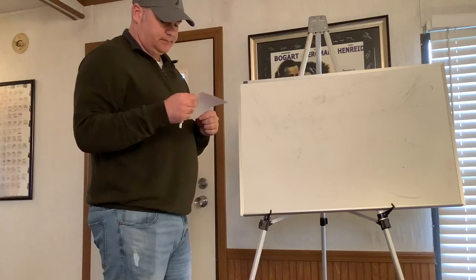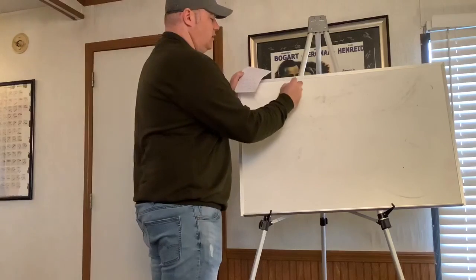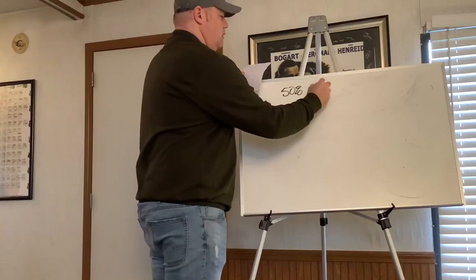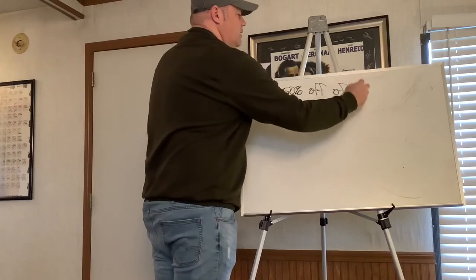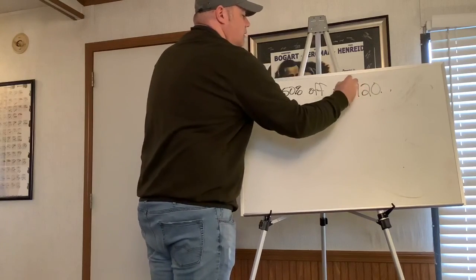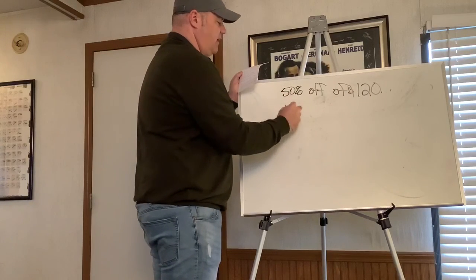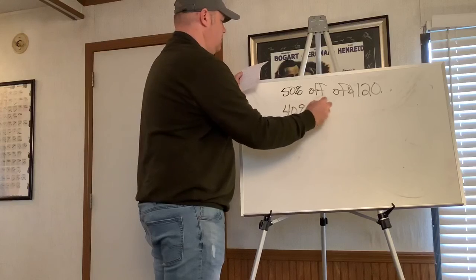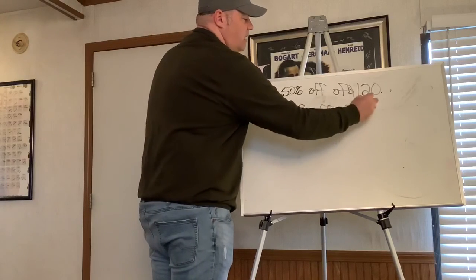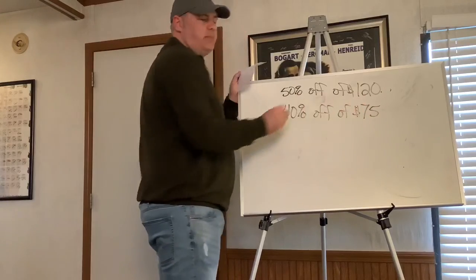Okay, so you're going to find 50% off of $120. Okay, so an item is $120, you're going to find 50%. You're going to find 40% off of $75. And you're going to tell me what you're paying.